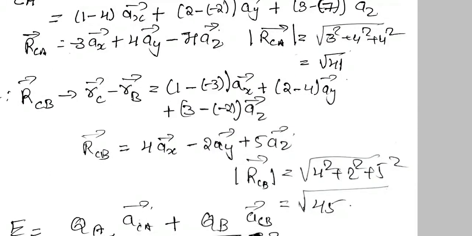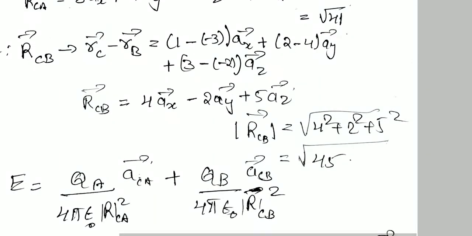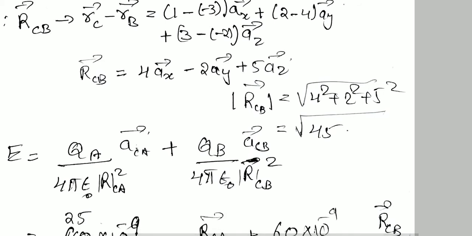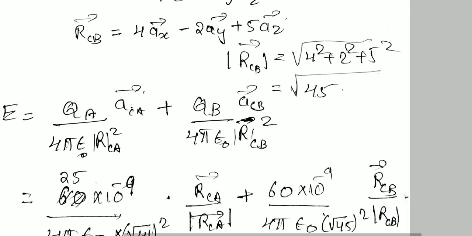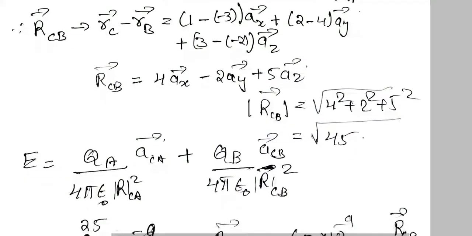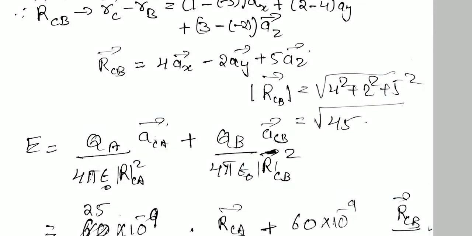Similarly, the directional vector RCB, that is RC minus RB, can be given like this, and the magnitude of RCB can be written like this. It is equal to the square root of 45. So now we will put these values in a formula.